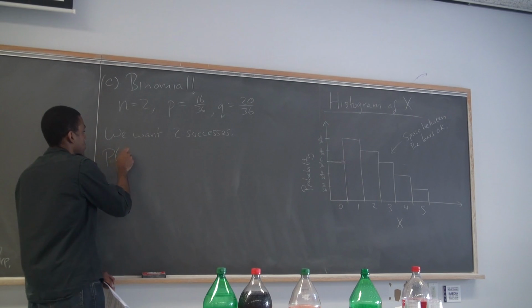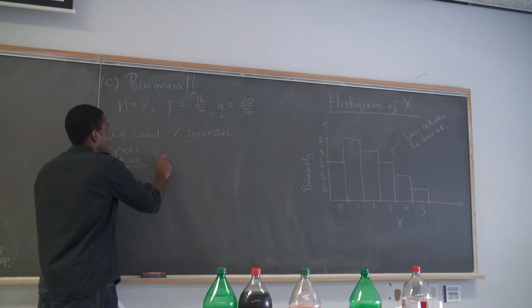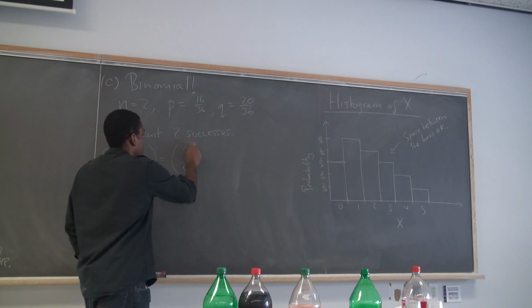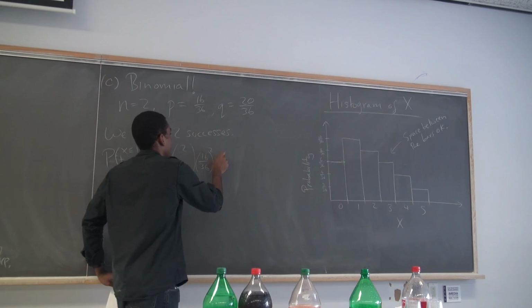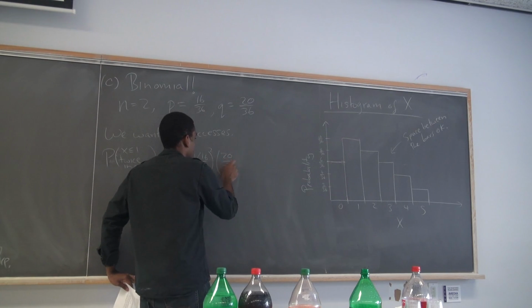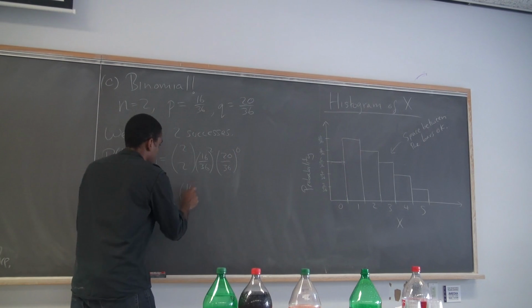Probability of x less than or equal to 1 twice in a row is just going to be n choose that number of successes, 16 over 36 squared, 20 over 36 to the 0. Notice that it is just 16 over 36 squared, right?